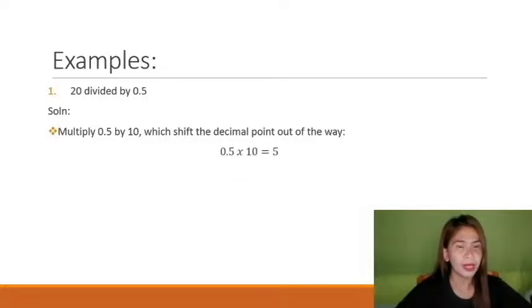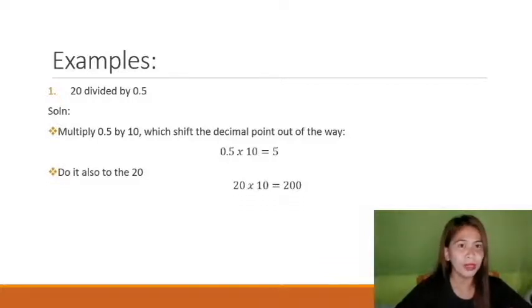Why not 100? Why not 1,000? Your goal is only to make it a whole number. Multiplying by 10 is enough. Instead of 0.5, it becomes 5. The place value is in the tens place. That's why 10. So do it also to the 20.